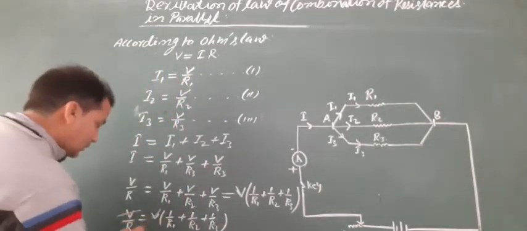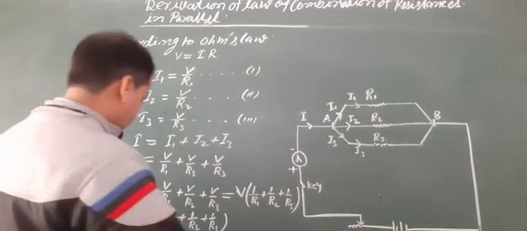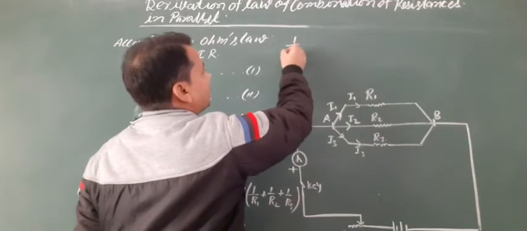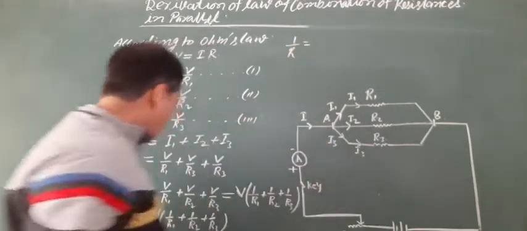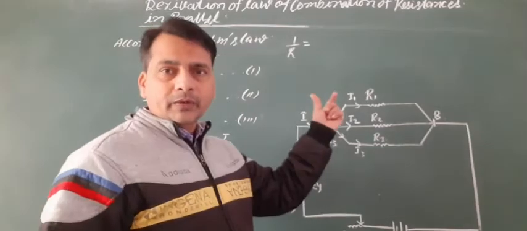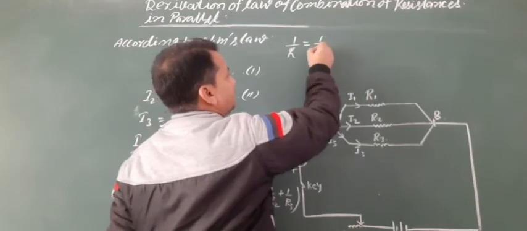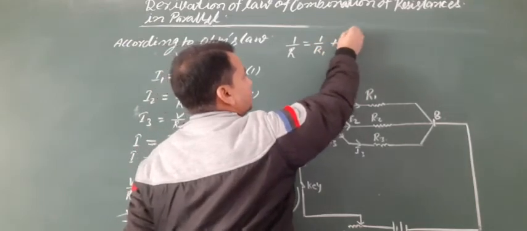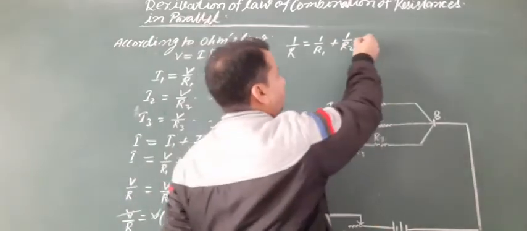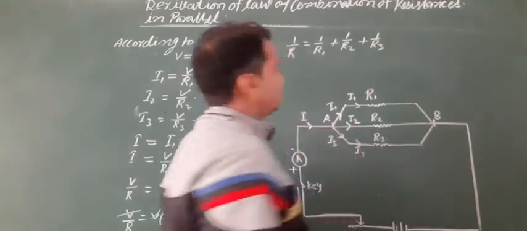So 1 by R equals 1 by R1 plus 1 by R2 plus 1 by R3.